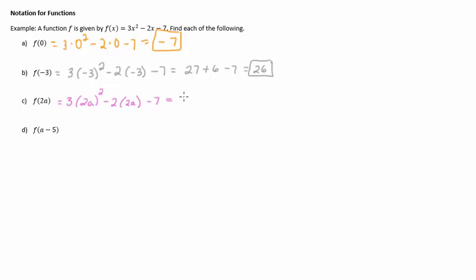So that's going to end up being 4a squared. -2 times 2a is -4a. The minus 7 doesn't change. And then we still need to do 3 times 4a squared, which is 12a squared. And that's as far as we can go because these aren't like terms.